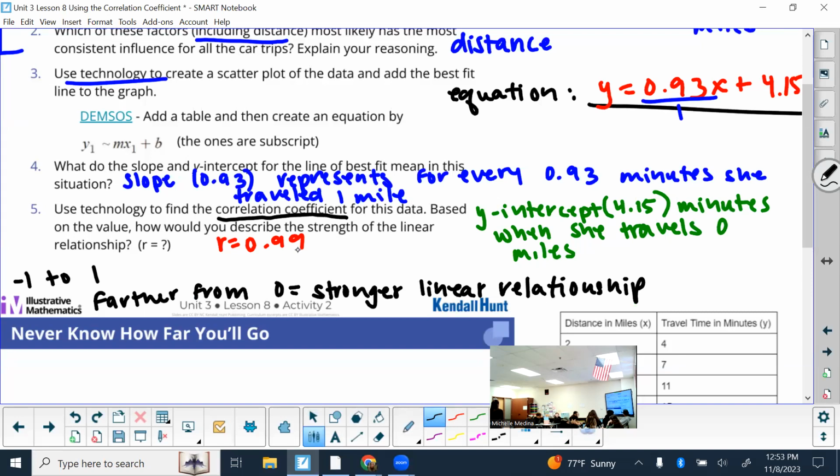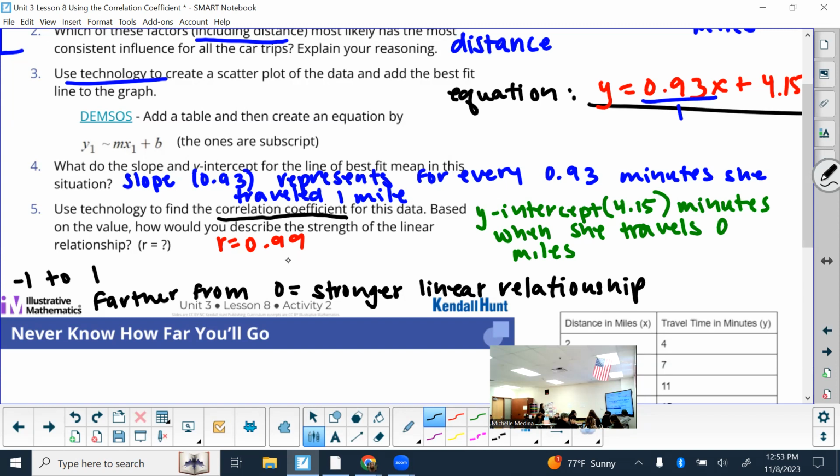So 0.99, and know that we're going from -1 to +1 when we talk about R values. It will not go outside of those values. In between, yes. But would you say that 0.99 is pretty far from 0? Yeah, if we're just going from -1 to +1, 0.99 is almost the farthest from 0 that you could be. It's really close to the 1.